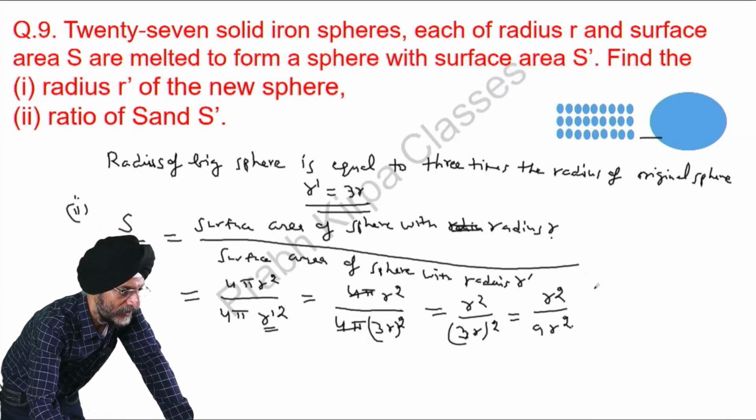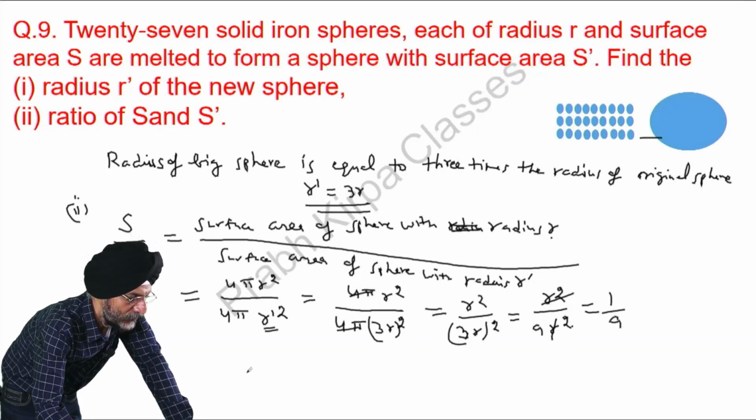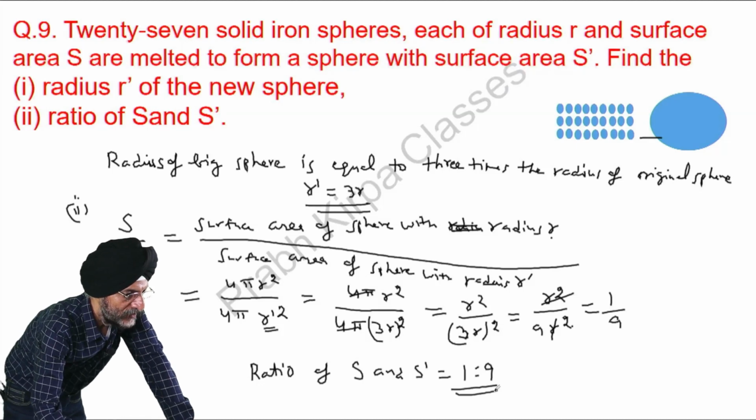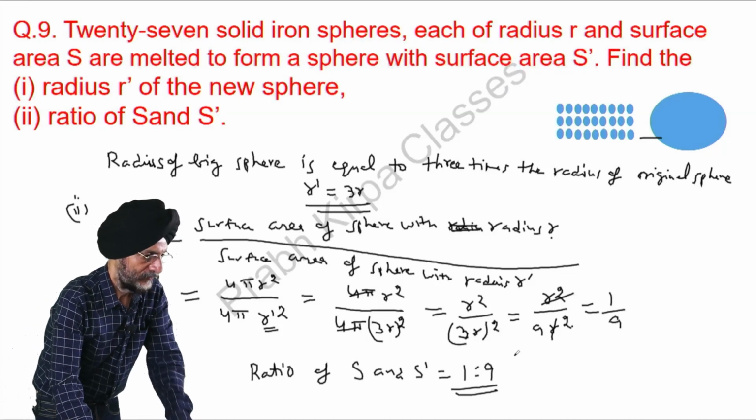In other words, we can say it is 1 over 9. That is, the ratio of s and s dash is 1:9. This is the answer.